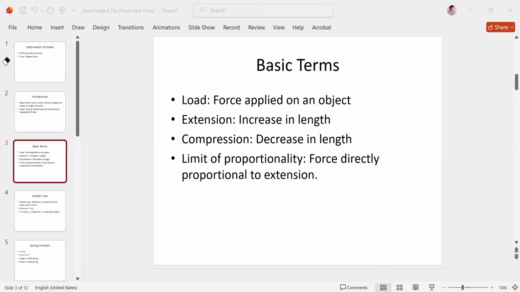For example, we take a box of solid body and apply a force. It changes its shape at just 5 Newton.